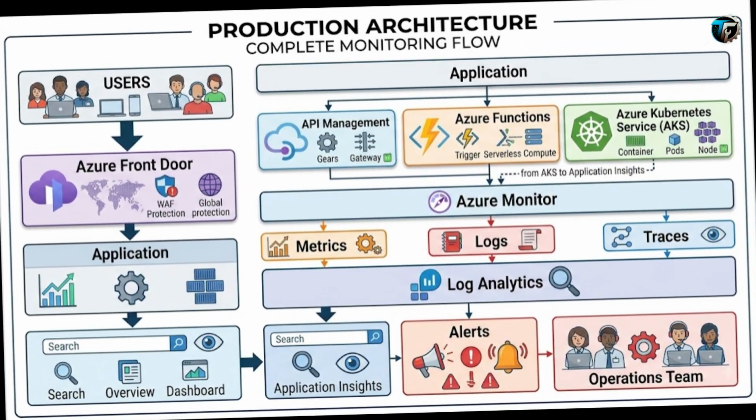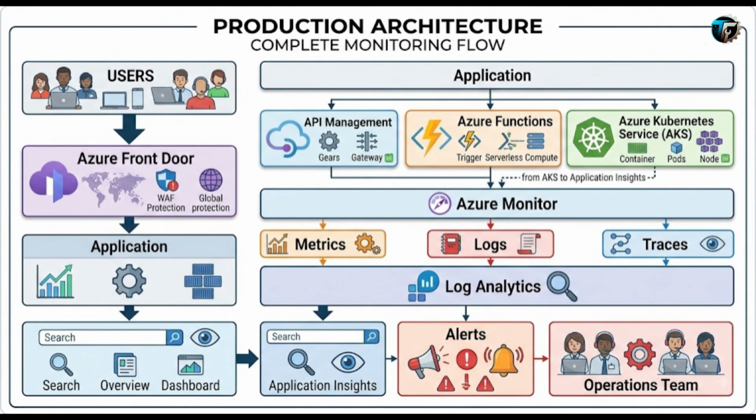Let's put everything together and see how monitoring flows in a real application. Users connect through Azure Front Door, which routes traffic to the application. Inside the application, requests may go to an API, functions, or AKS services. All of this activity is observed by Azure Monitor, which collects metrics, logs, and traces.